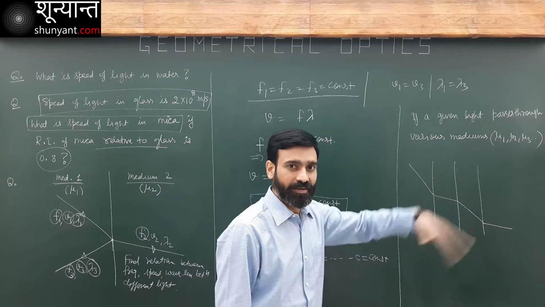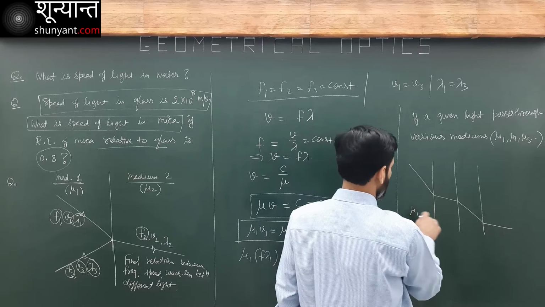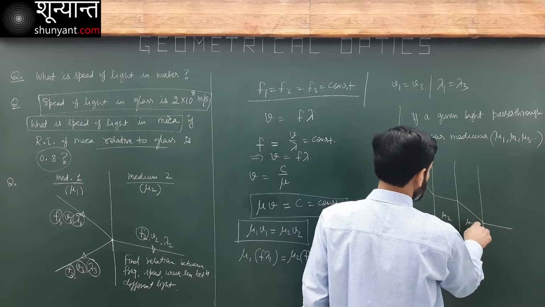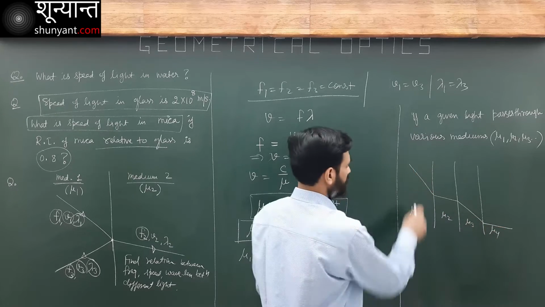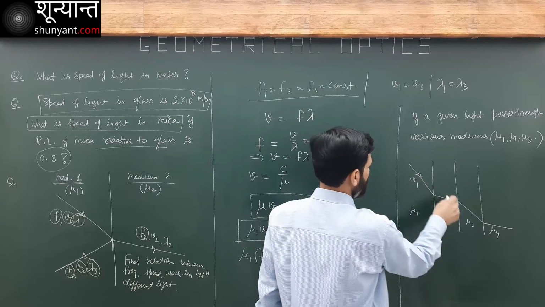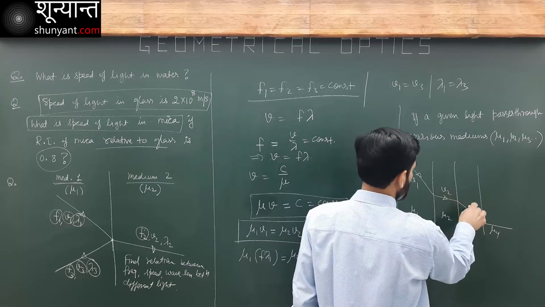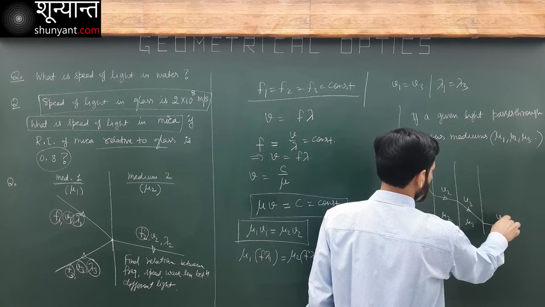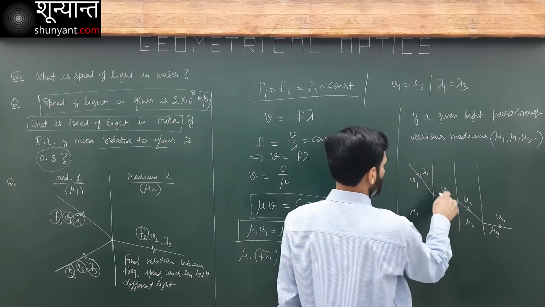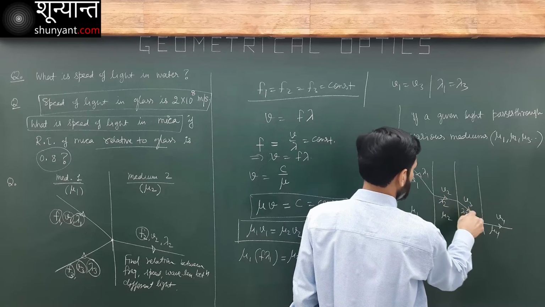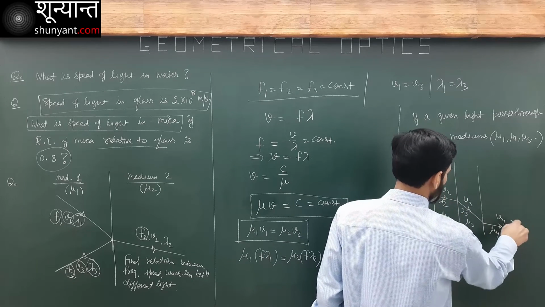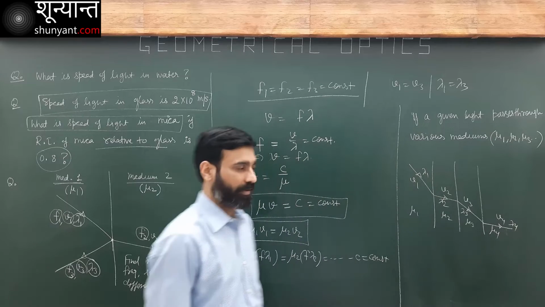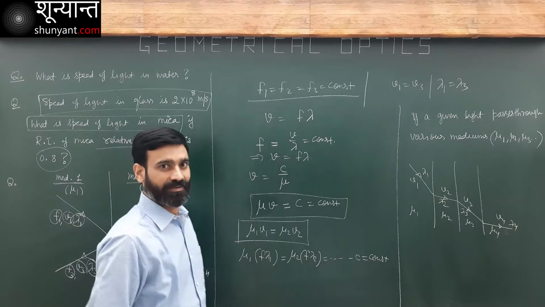It passes through several mediums. This is mu1, this is mu2, this is mu3, this is mu4. So the speed here is V1, the speed here is V2, the speed here is V3, the speed here is V4. Wavelengths are lambda 1, lambda 2, lambda 3, lambda 4. Then this relation exists.